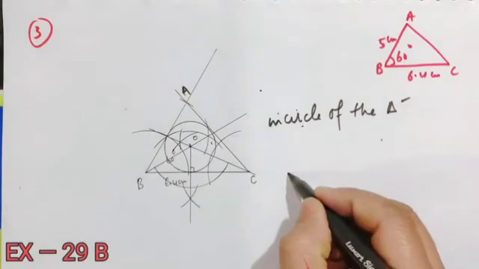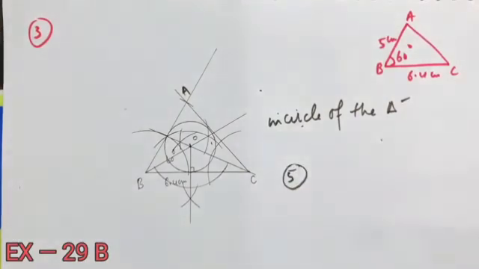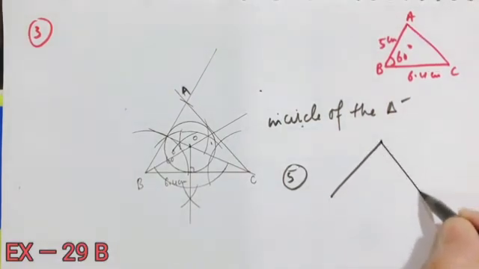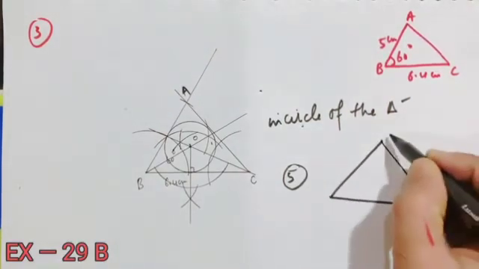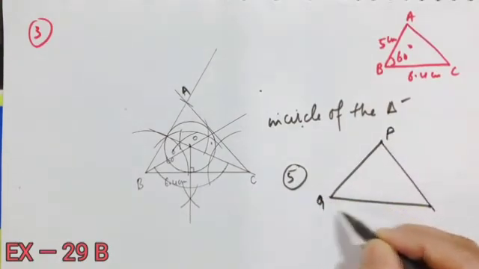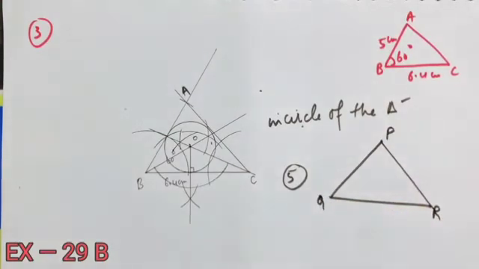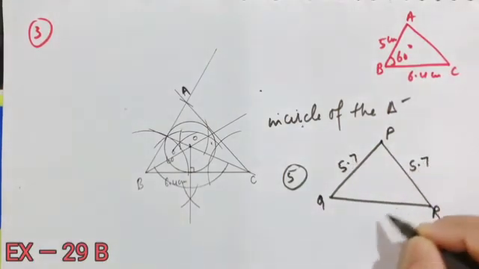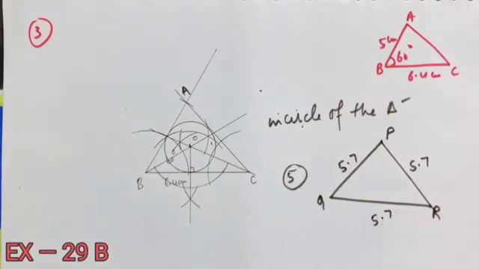Similarly in number 5 also, you can do it yourself, which says construct a triangle PQR in which PQ, QR and RP all are 5.7 centimeter. Draw the incircle. So you know what to do. First you will construct the triangle.